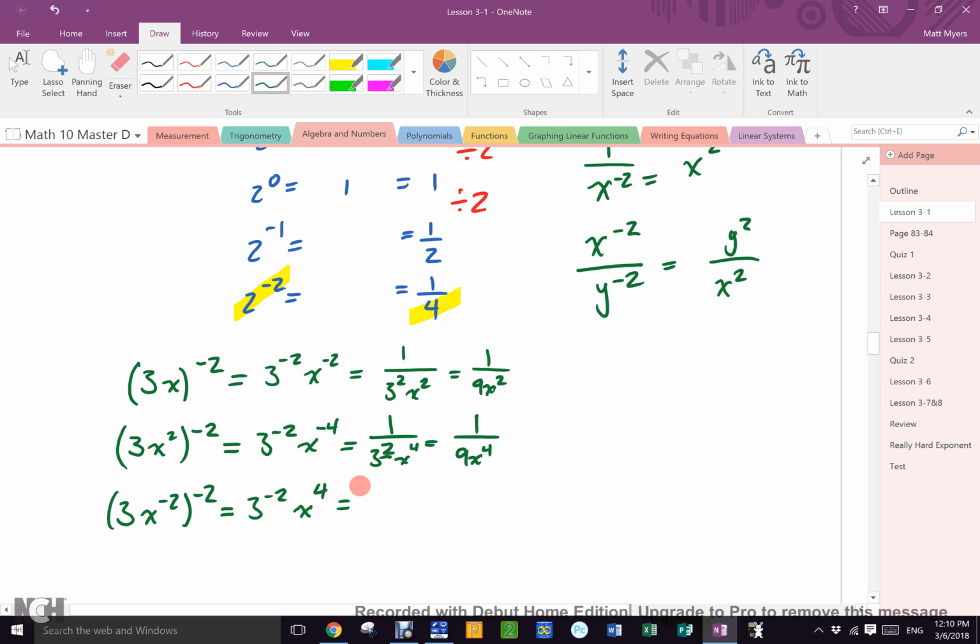Okay, is the x to the 4th allowed? So it doesn't go anywhere, but the 3 has to, and I get x to the 4th over 9. Is everyone still okay? Are you feeling this slightly slip through your fingers now, though? Are we getting to the point where you've really got to think? Okay.